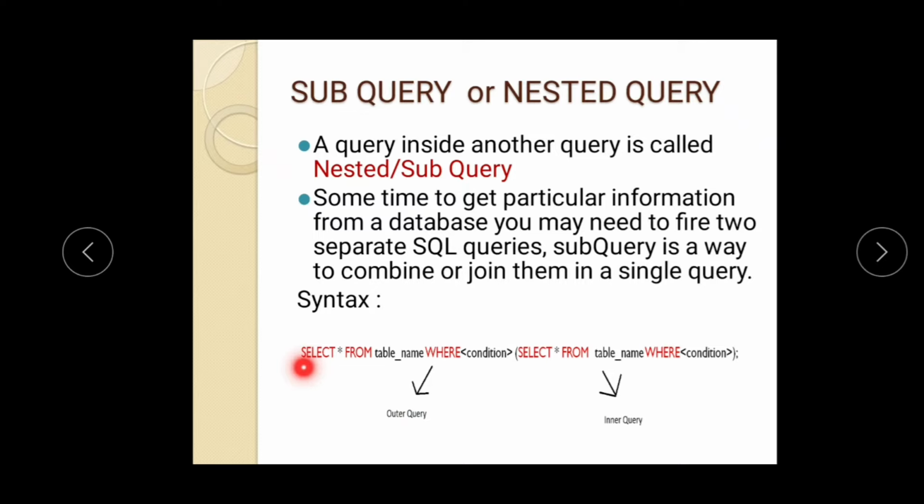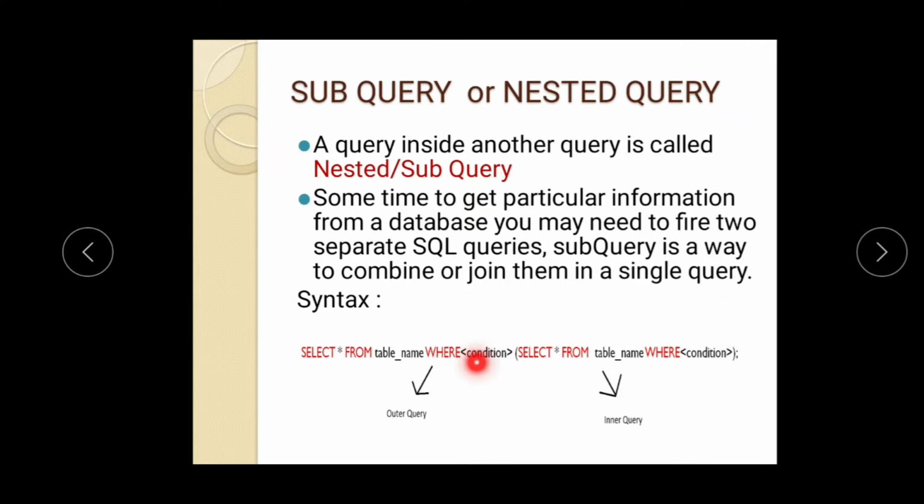So how can we identify which is the inner query and which is the outer query? This is an example, consider this as the syntax: select star from table name where condition. Inside the where clause of this first query, we will be writing another query.